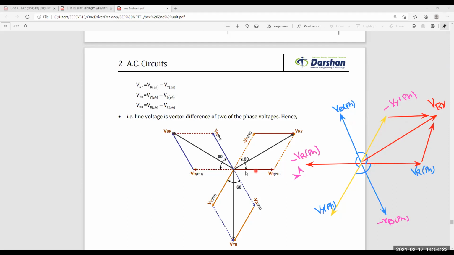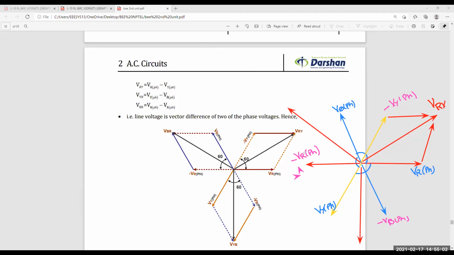Similarly, draw the remaining phases. First you have to take the R phase, Y phase, and B phase as reference, and then draw the negative signs. Then VRY is nothing but VR phase plus minus VY phase. Similarly, here you will get VBR, and here you will get VYB.